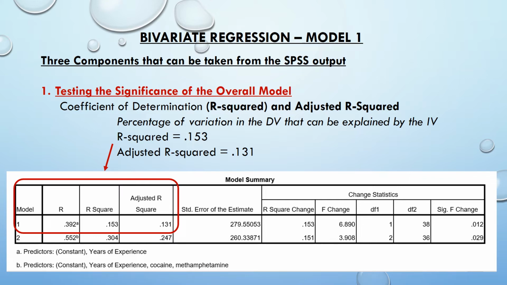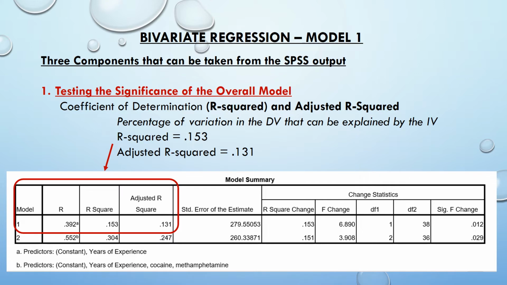So where do we find that? Well, you can see circled in red in the model summary box, for Model 1, there is a capital R of 0.392. That capital R is technically known as multiple R, and it behaves very much like the normal lowercase Pearson's r. So that R of 0.392, okay, we have a positive association, good.